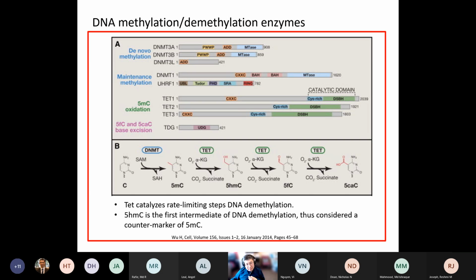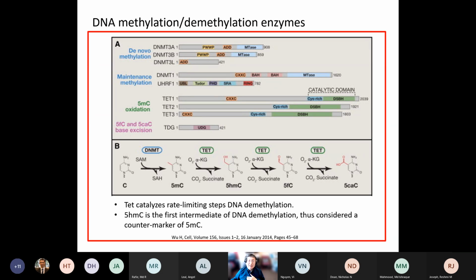But demethylation first needs to have the cytosine oxidized. So the oxidation takes the enzyme TET. A few TET enzymes will make the methylated cytosine oxidized. The oxidation takes alpha-ketoglutarate as the helper here. So you need oxygen, but you also need alpha-ketoglutarate.